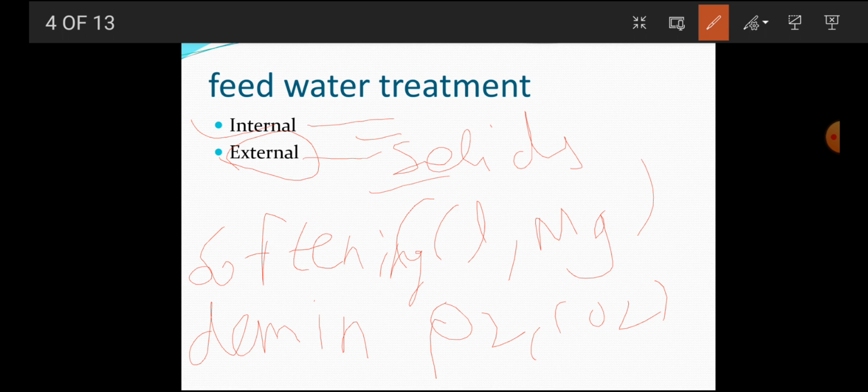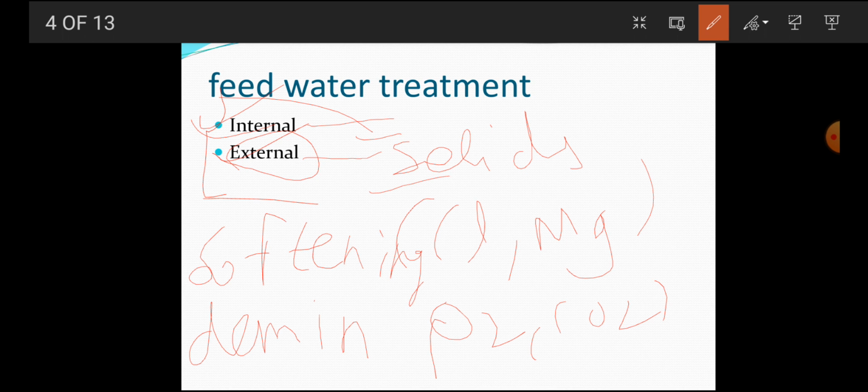So pressure sand filters and spray aeration can be used to remove carbon dioxide and iron, and to remove heavy metal salts before the water. So these are the main feed water treatments, that is internal and external.